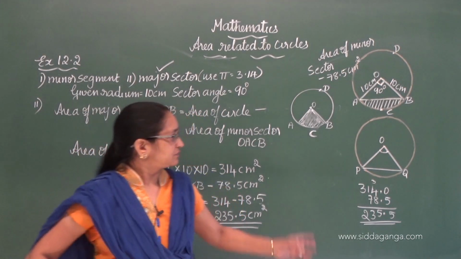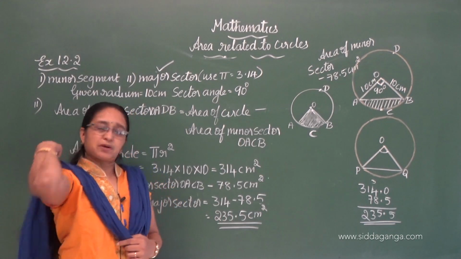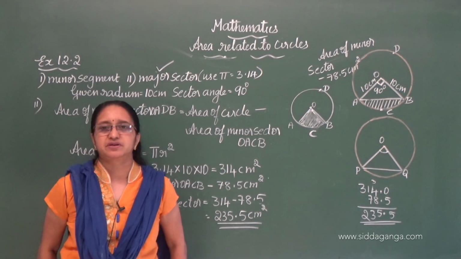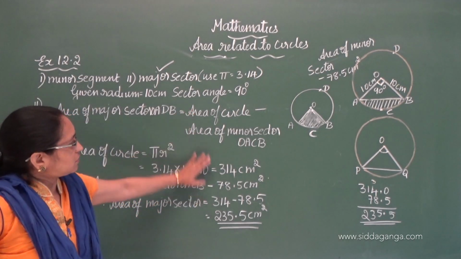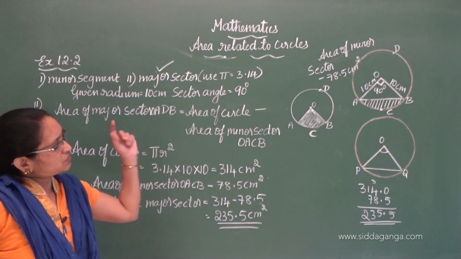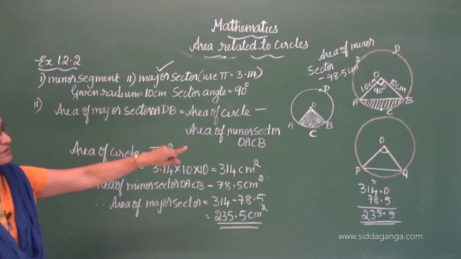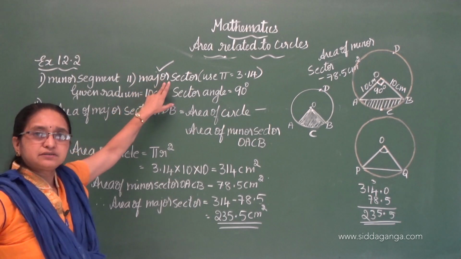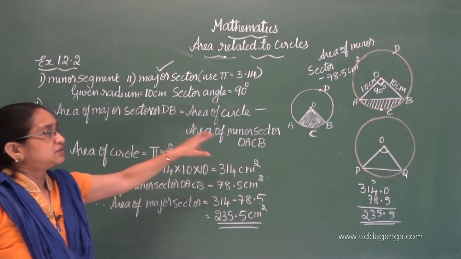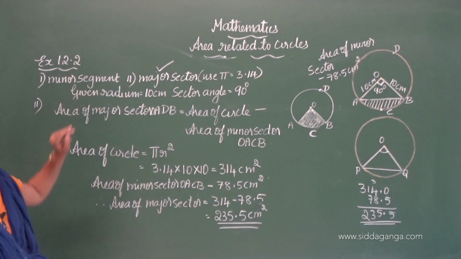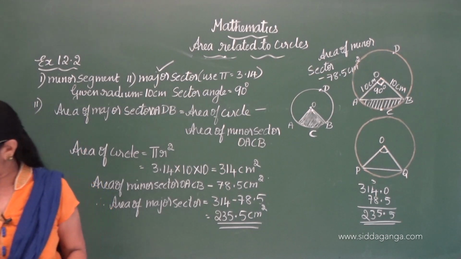Okay. I think we have covered almost all the concepts which we have studied till now in this problem. So this problem is very, very important, this one and the next one also. We found out area of the minor segment, area of the major sector, and also area of the minor sector, because we needed to find it for this, correct? So almost all the concepts are covered in this problem.